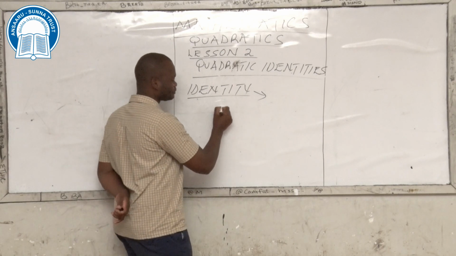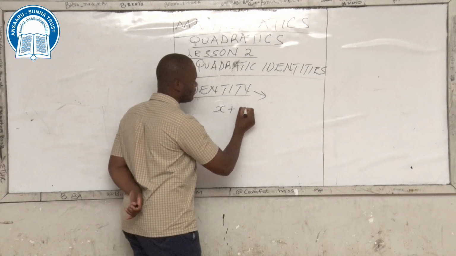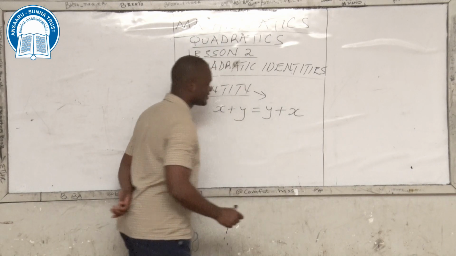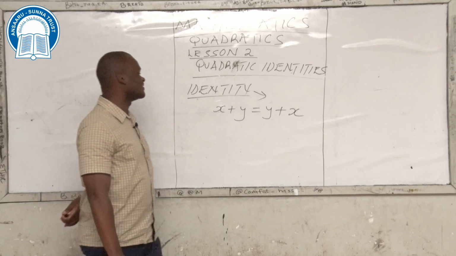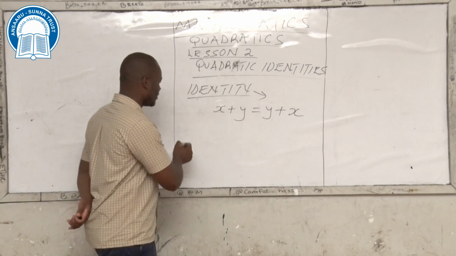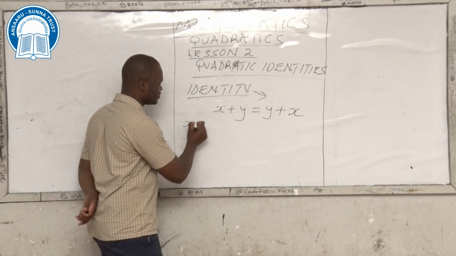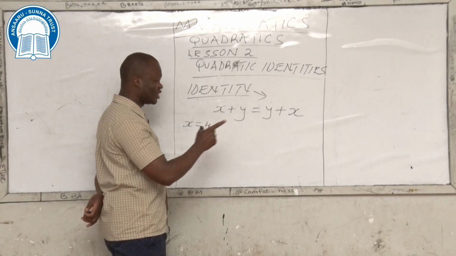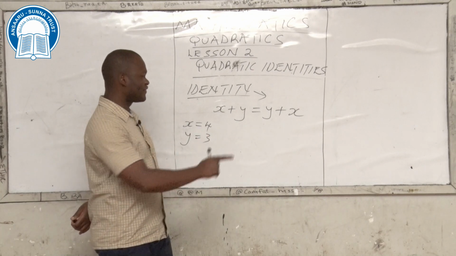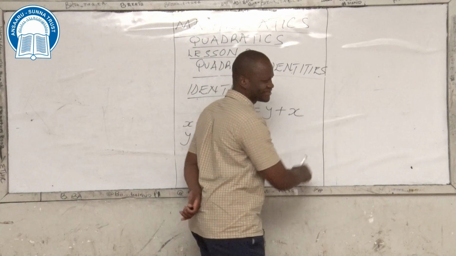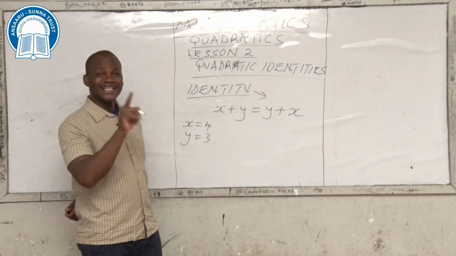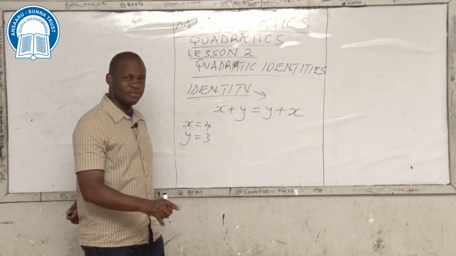Now, if I have x plus y is equal to y plus x, this is a good example of an identity. Why are we saying that? If I take the x value to be 4 and the y value to be 3, and then make my substitution, the equation will be satisfied. The equation will be true.